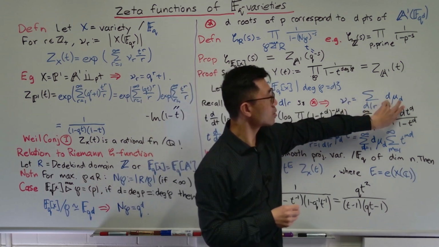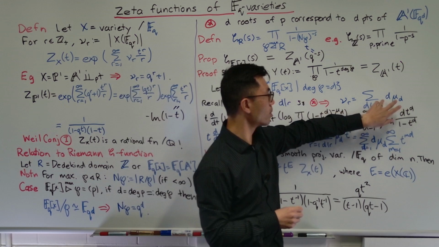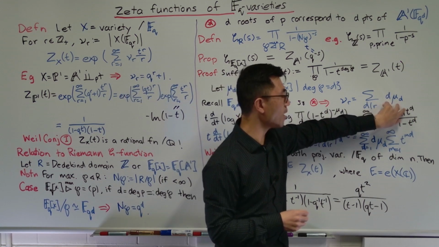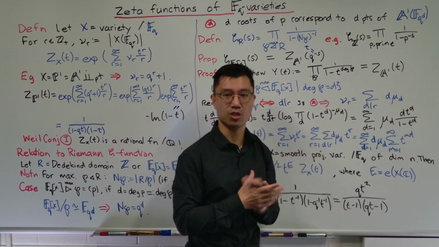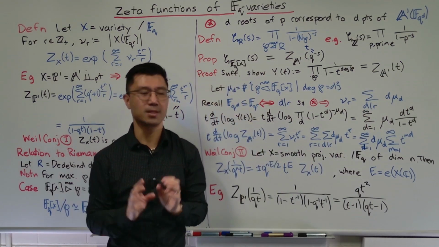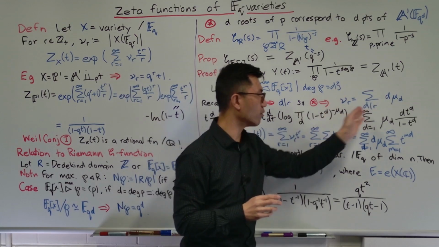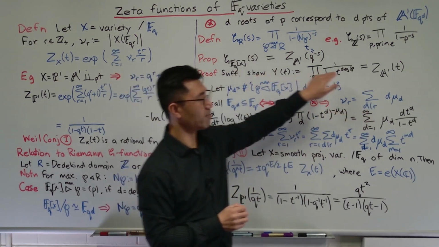And there are mu_d such polynomials, okay, mu_d such maximal ideals, so there'll be d mu_d contribution from that, and you have to look at all divisors d of r. And that gives you this relationship here. Okay, so you might need to think about that a little bit more, but that's all the elements that are involved to prove this wonderful relationship. And this is the relationship that we need to establish this fact here.